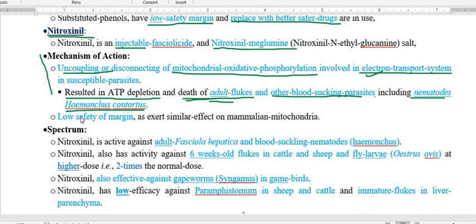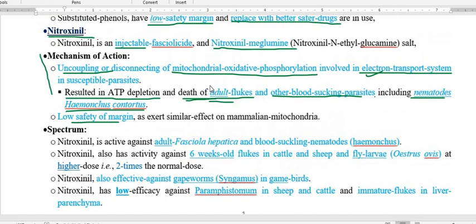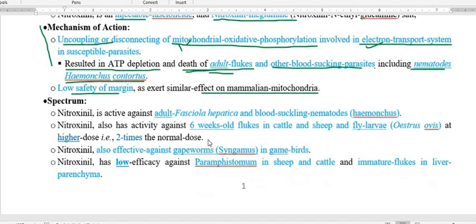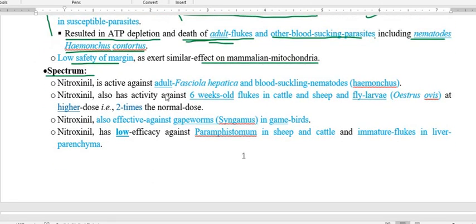As we already mentioned, it has a low margin of safety, and because the mechanism of action is on oxidative phosphorylation, it also affects the host mammalian mitochondrial system.